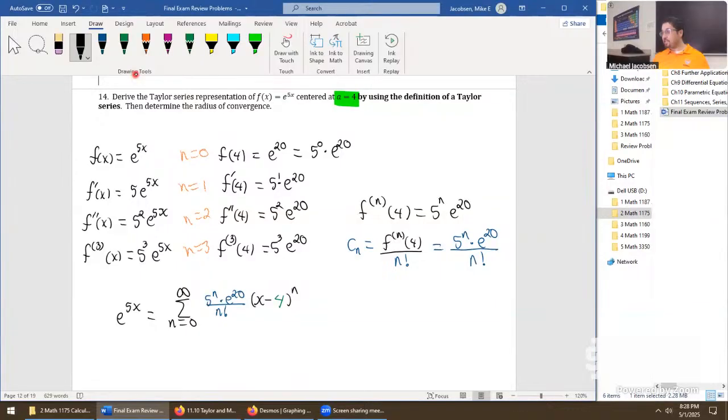This is our representation. We need to determine the radius of convergence. But if there's a factorial there, it's probably R infinity for radius. We're going to check it out by the ratio test once more. But any questions at all getting to this step?